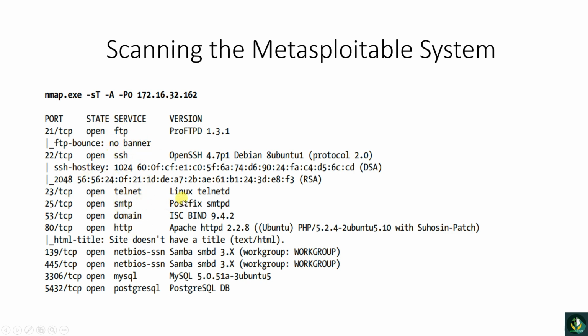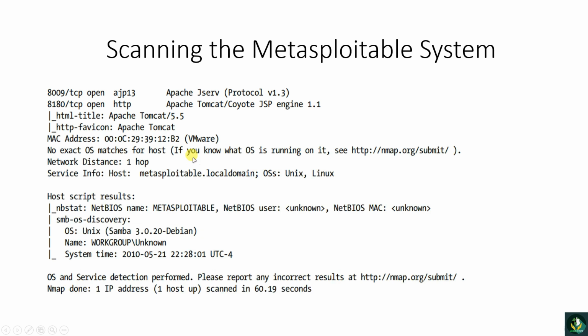And you can also see which is which. This is the OpenSSH. You can also see the service info. As you can see, this is a Unix or Linux operating system.